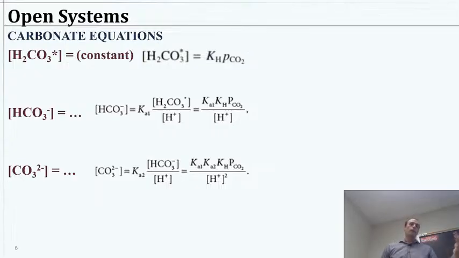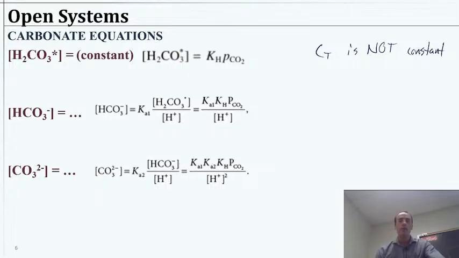Now, next up, bicarbonate. Here we have to think about how we use the alpha fractions. And in this case, rather than use the alpha fraction and associate it with CT, well, CT changes. So since CT is not constant, we have to use a different approach.